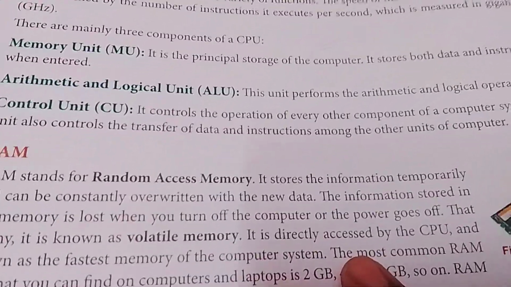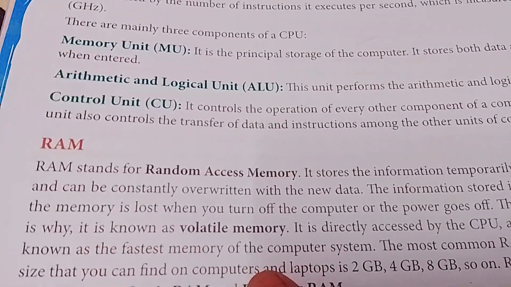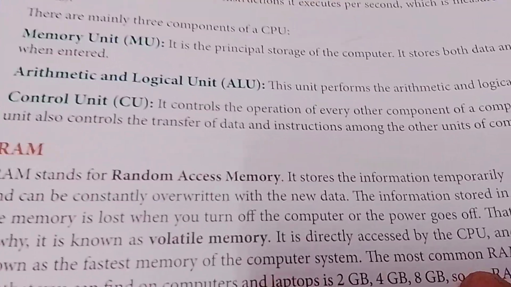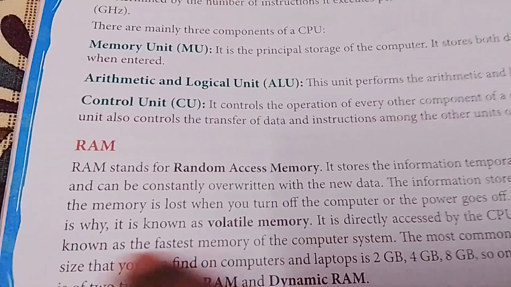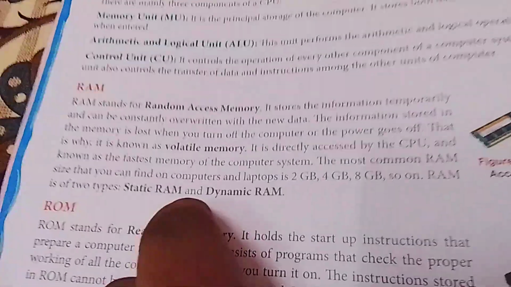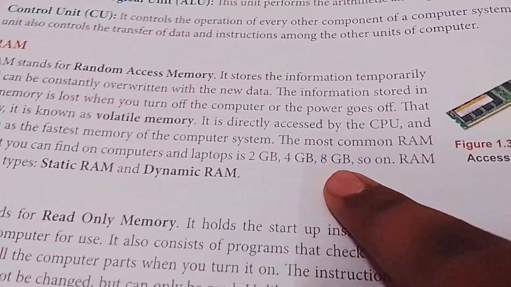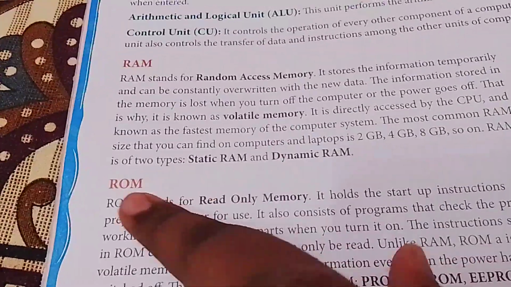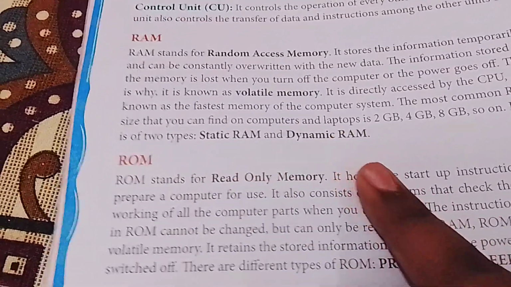It is directly accessed by the CPU and is known as the fastest memory of the computer system. The most common RAM sizes that you can find on computers and laptops are 2 GB, 4 GB, 8 GB, and so on. RAM is of two types: static RAM and dynamic RAM.